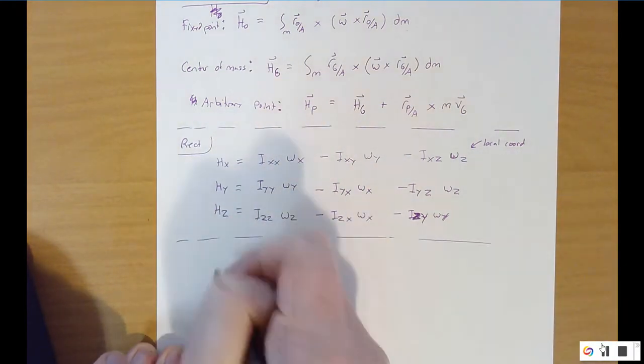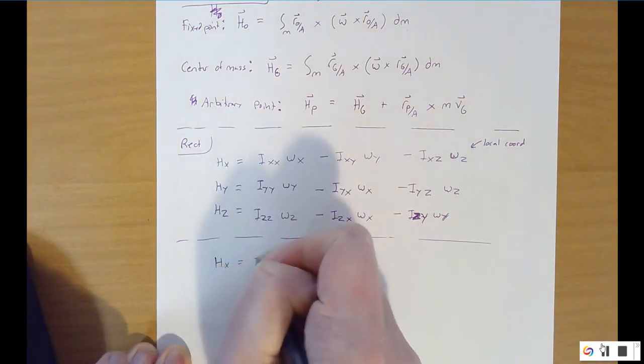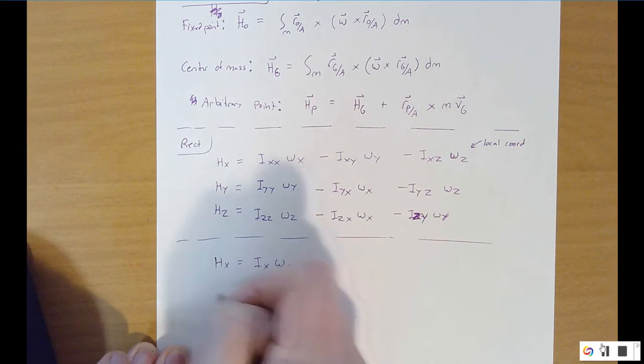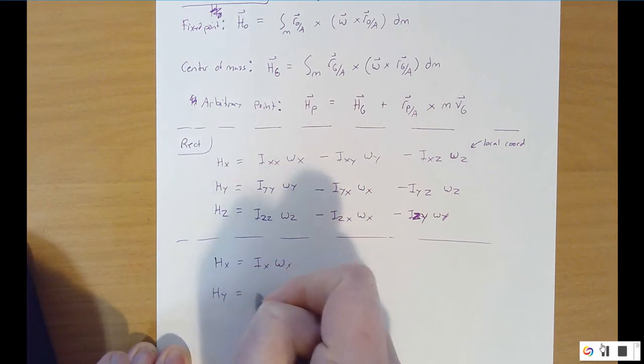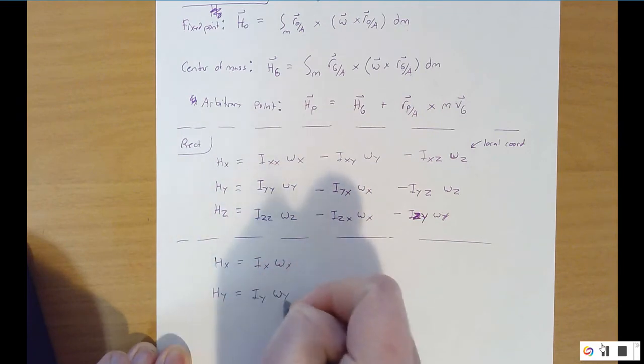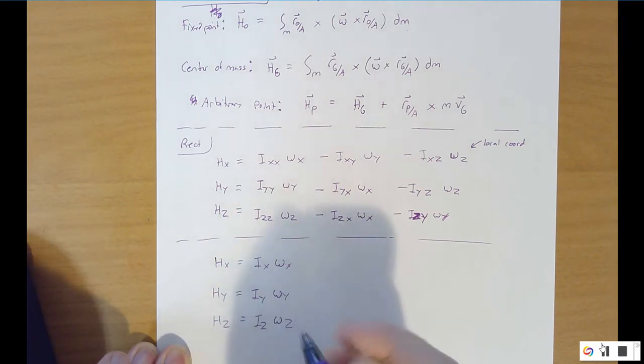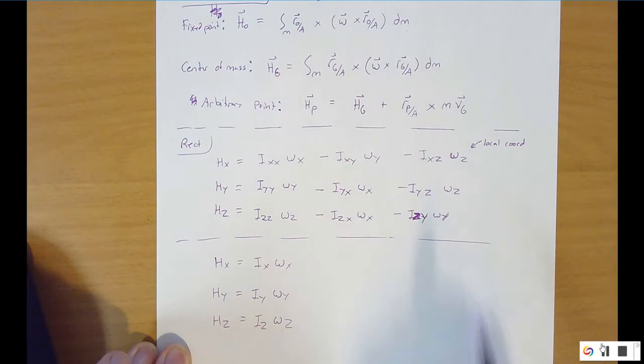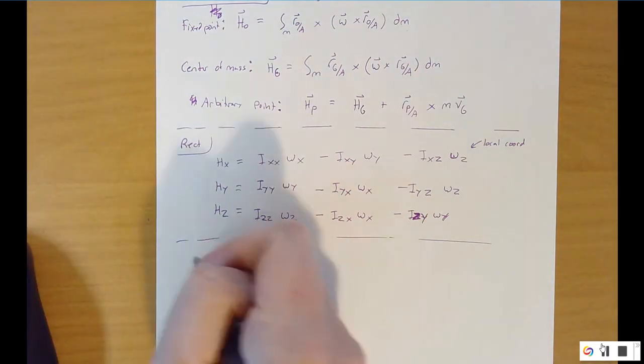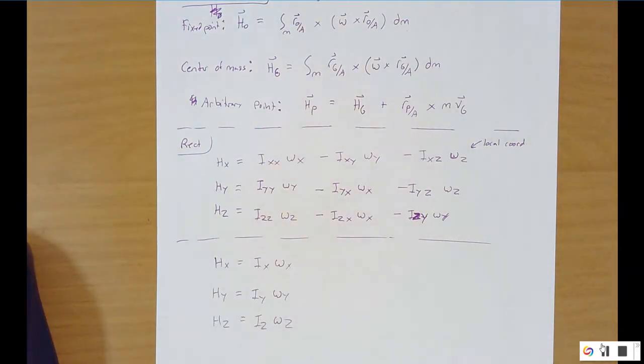So instead you'll get Hx equal to Ix omega x, Hy equal to Iy omega y, and Hz equal to Iz omega z. And that's if you can make your products of inertia go to 0. Okay? So let's apply these to example 3.